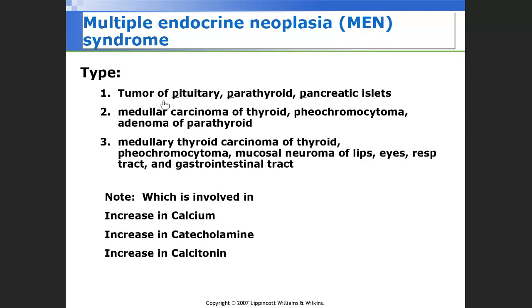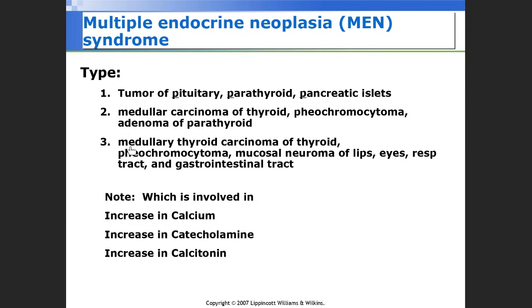There's type 1: pituitary, pancreatic, and parathyroid, all P. All of these MEN are usually due to increased calcium, increased catecholamine, and increased calcitonin, or all C. MEN 2 are the medullary carcinoma of the thyroid, pheochromocytoma, or adenoma of the parathyroid.